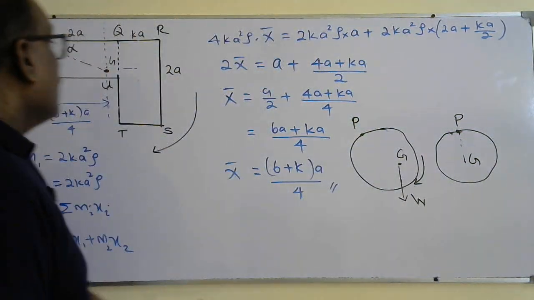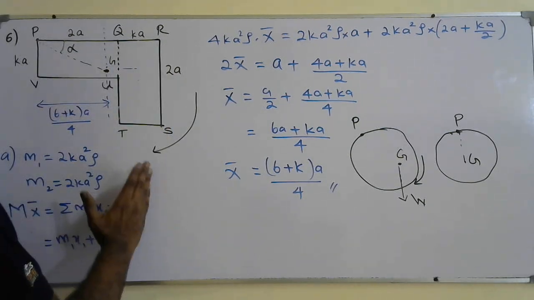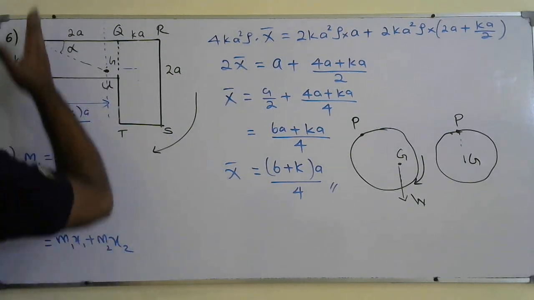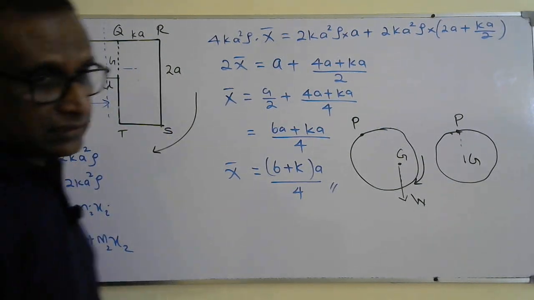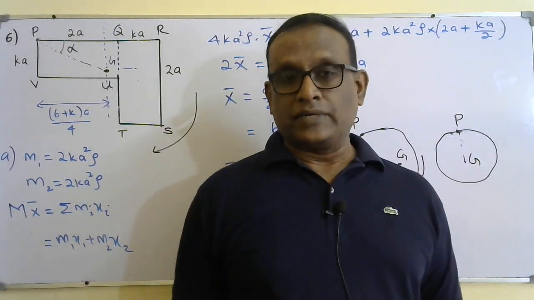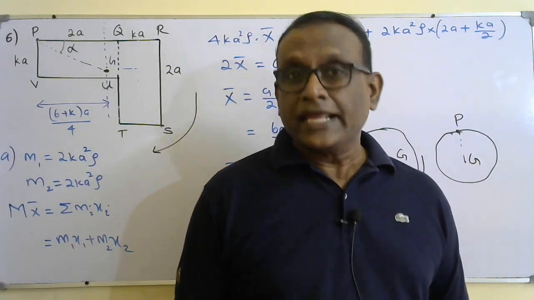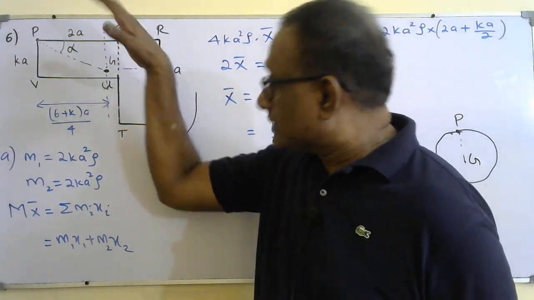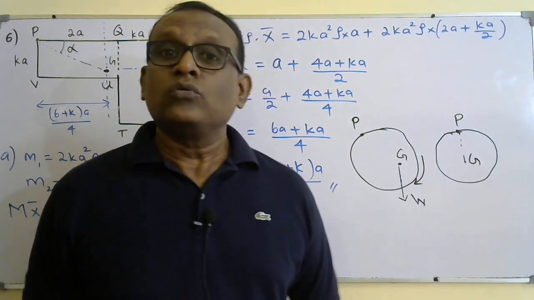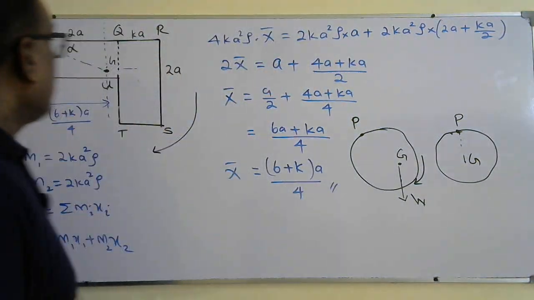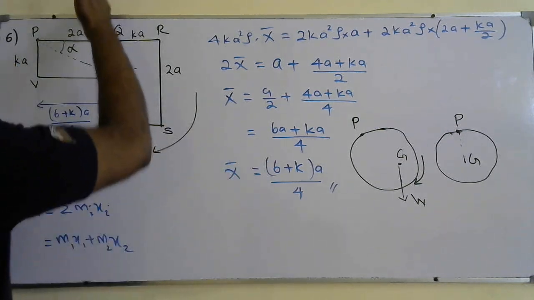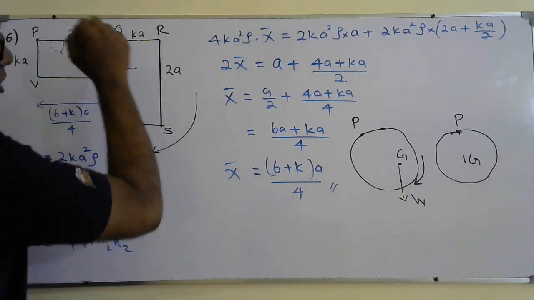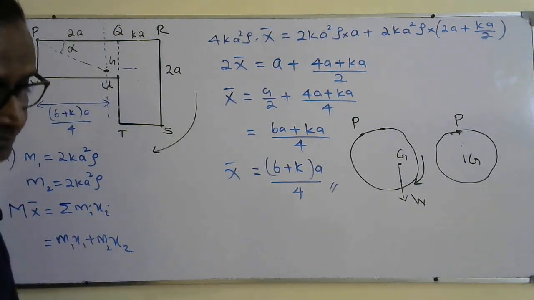I know the x coordinate, the distance of the center of mass from PB. Now I need to find the y coordinate of the center of mass from the line PR, the same way, to find y bar. Then where the x bar and the y bar intersect will be the exact center of mass.